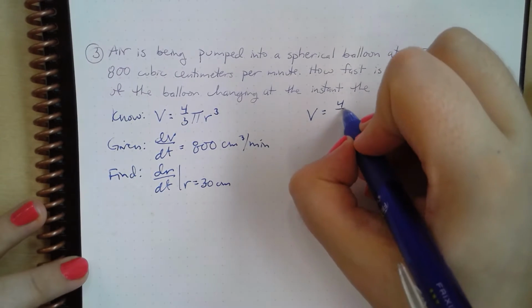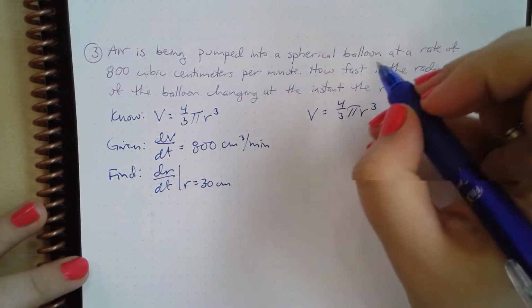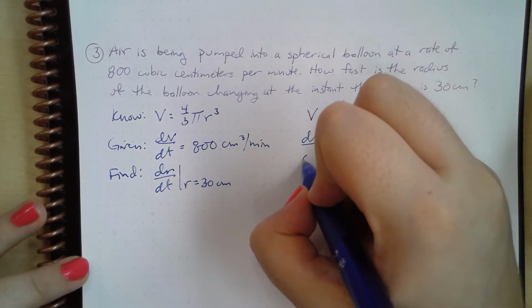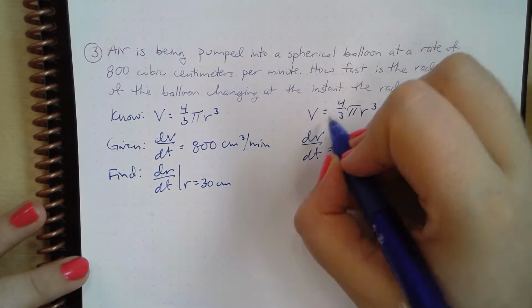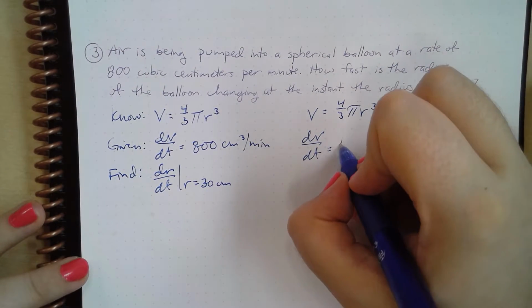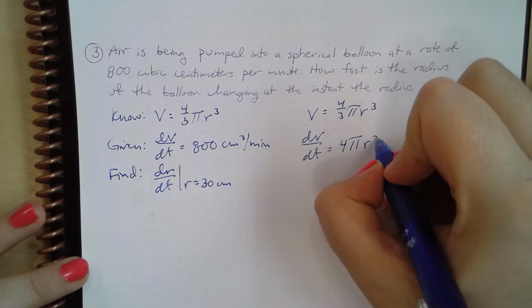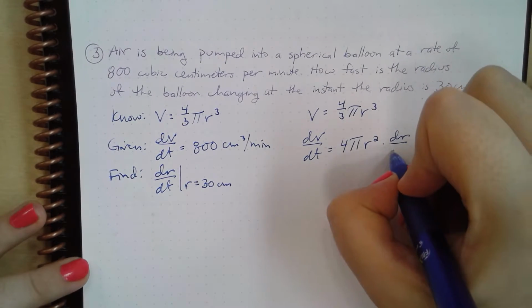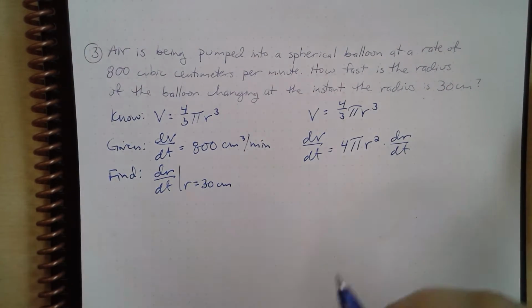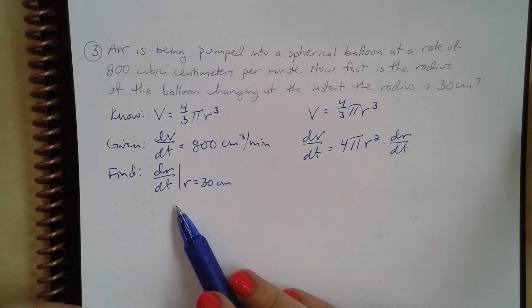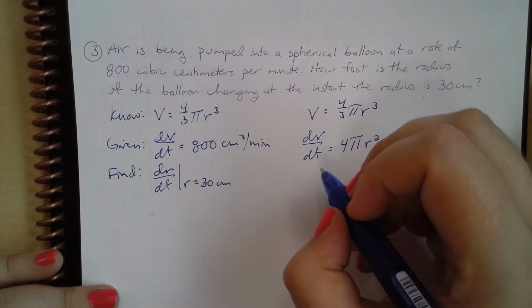So V is equal to 4/3 pi r cubed. So dV over dt is equal to, well, 12 divided by 3 is going to be 4 pi r squared times dr over dt. Now, we actually are solving for dr over dt, so we need to get some things shifted around here.